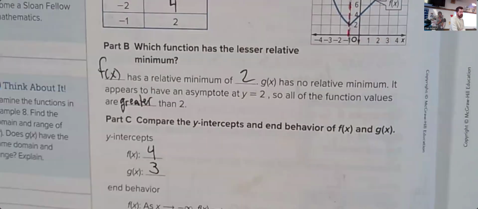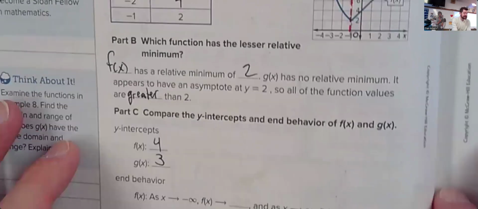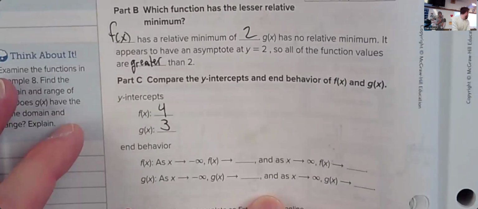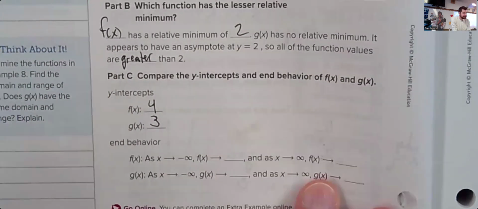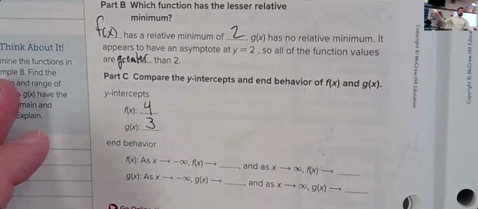All right. We can talk about some end behavior here. So for f of x, as x approaches negative infinity, where is y going? So as x goes left, y is doing what?